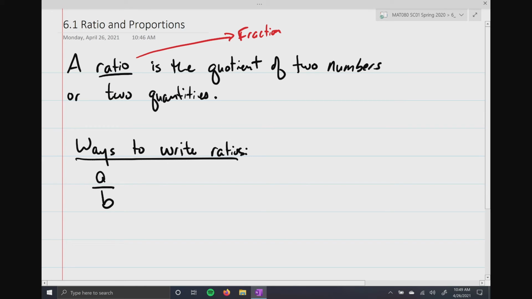The second way is by using the colon in between the two numbers. And the third way is just writing the word "to" in between them. Regardless of which method you choose, they're all the same.